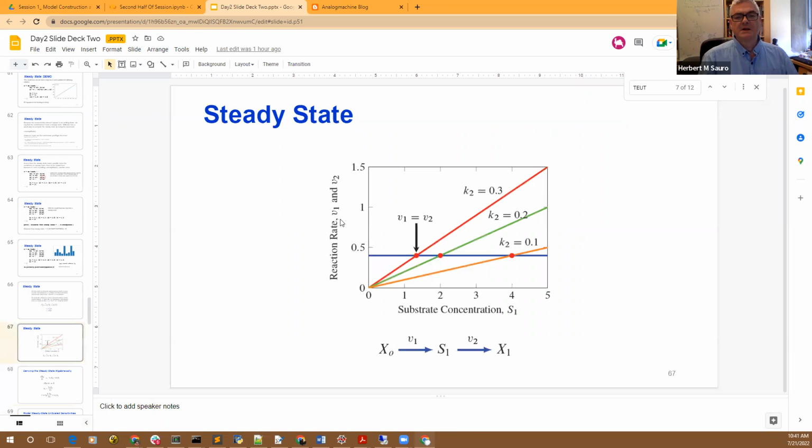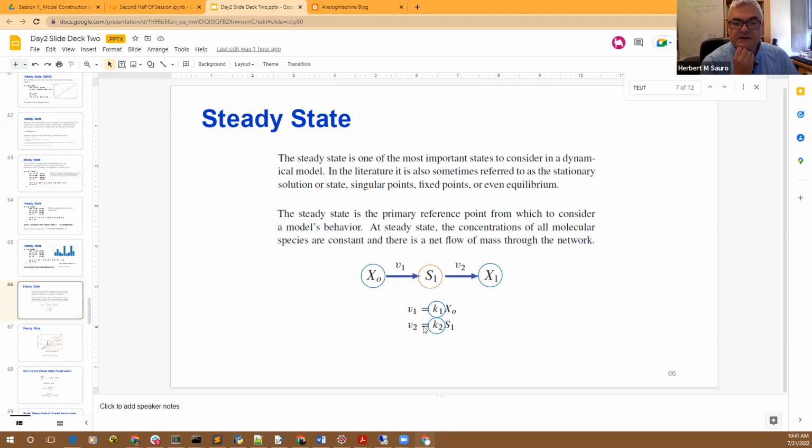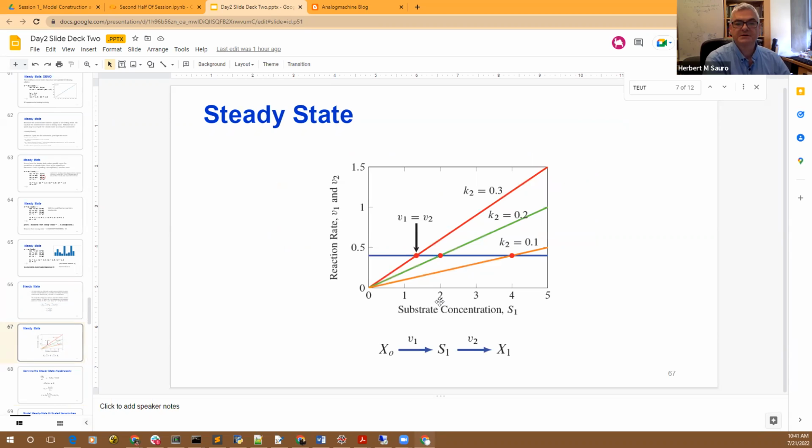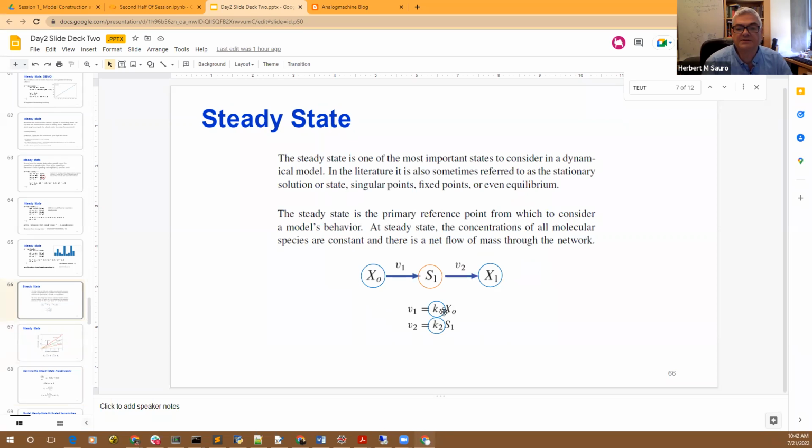What I can do though is plot both these rate laws as a function of S1, and that's what this plot does. The x-axis is S1, and the y-axis is the reaction rate, either V1 or V2. Now you notice that V1 is not a function of S1, but a fixed value, K1 times X0.